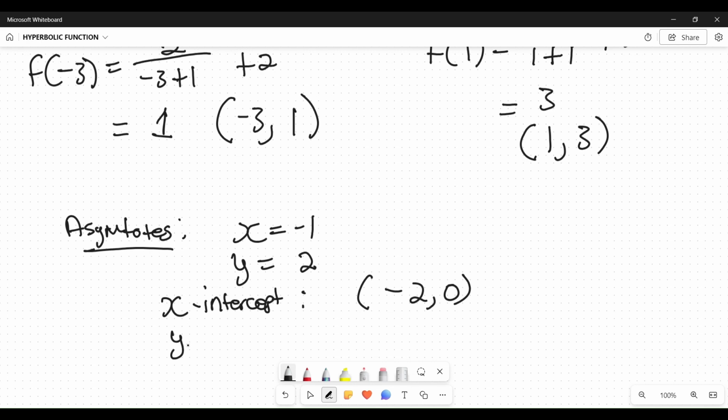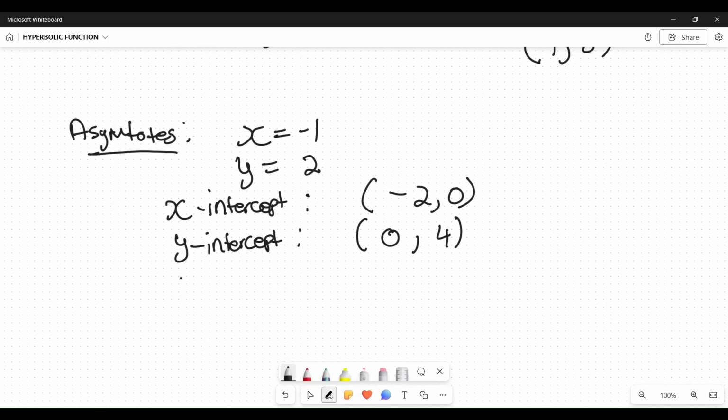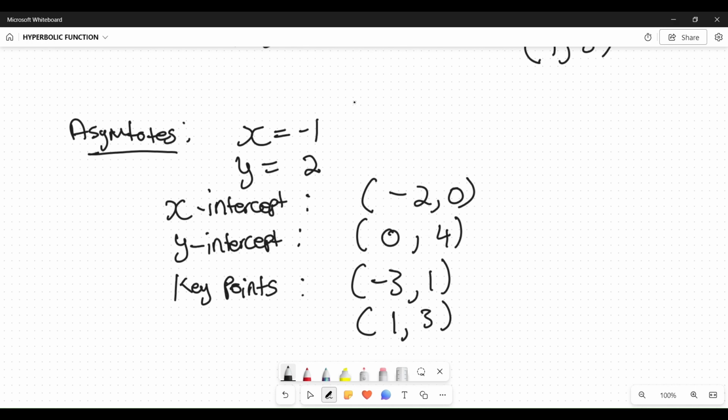Then the y-intercept is 0 and +4. Then key points. Now these are what we are going to use to sketch our hyperbolic function. Key points, we had -3 and +1, and we have 1 and +3. So now we are going to use all of these to sketch our function.